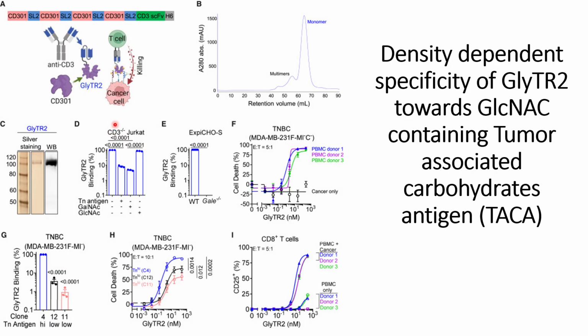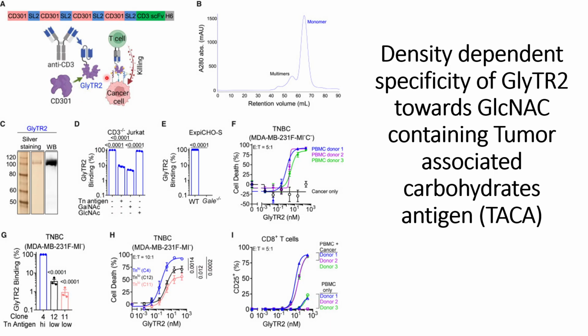So CD3 does not have specificity. They check the specificity of this lectin binding using the GlyTR2. So when nothing is present, it shows GlyTR2 binding of around 100%, and when these TN antigens are present, the GlyTR2 binding reduces. Nothing present means that no competitive antigens are present in the sample.